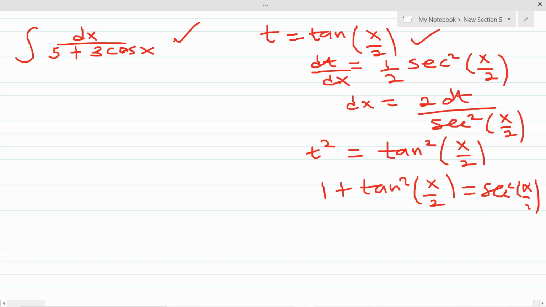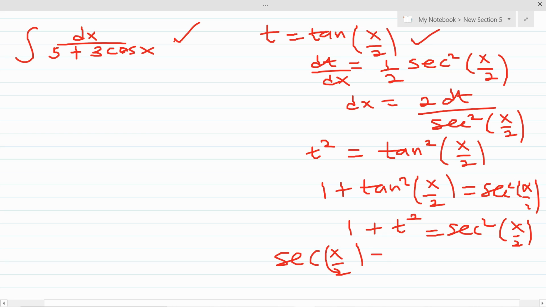Now tan squared of x over 2 is t squared, so we have 1 plus t squared equal to sec squared of x over 2. So it means sec of x over 2 is equal to the square root of 1 plus t squared.